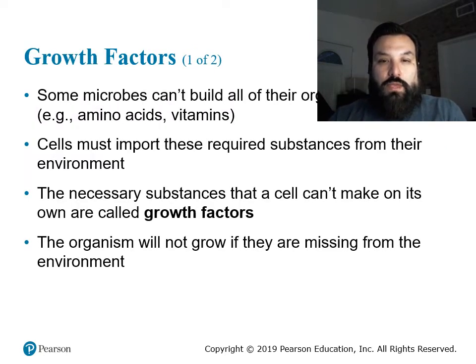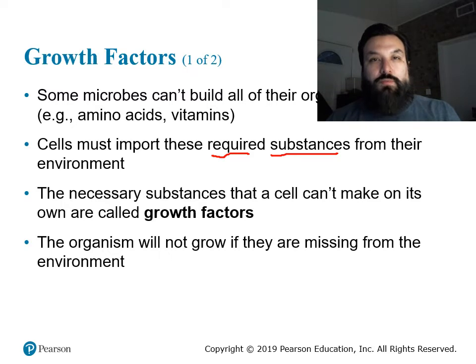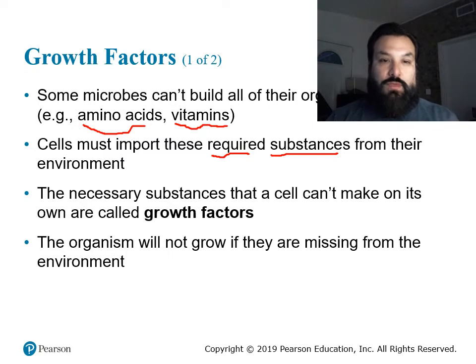Okay, and growth factors. Growth factors are things required from the environment that are needed for growth. For example, some microorganisms can build all the organic molecules that they need. But amino acids can't be built by some microorganisms or by a human. Or vitamins: some organisms cannot make vitamins, so they need these from an outside source, the environment itself.